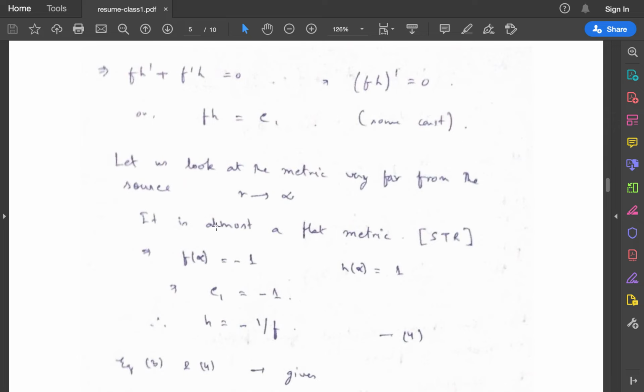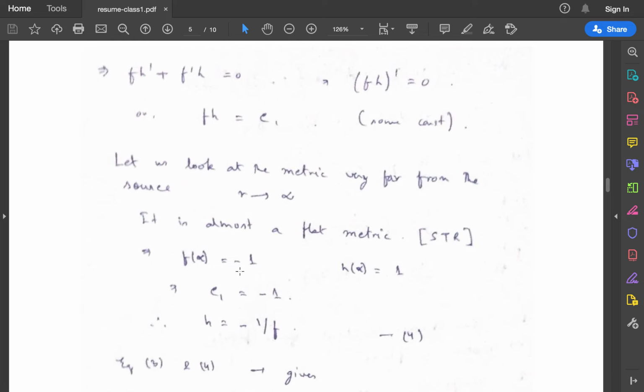If I do that, therefore I know that the metric ds square will be minus dt square plus dr square plus r square d theta square plus r square sin square theta d phi square. This is the flat metric in spherical coordinates.